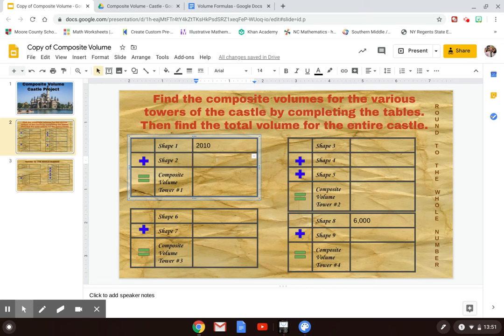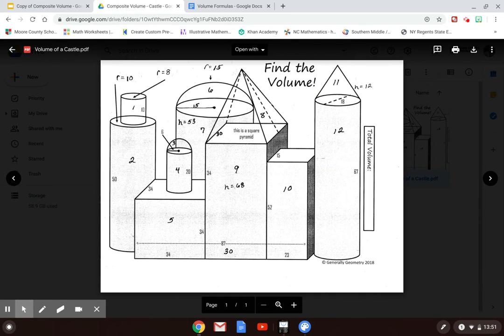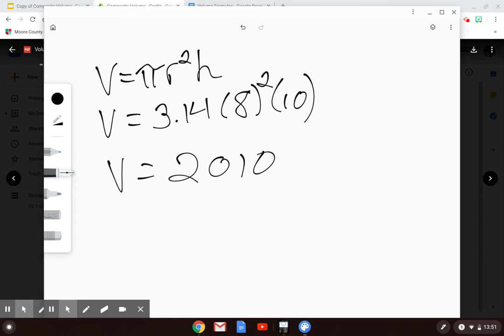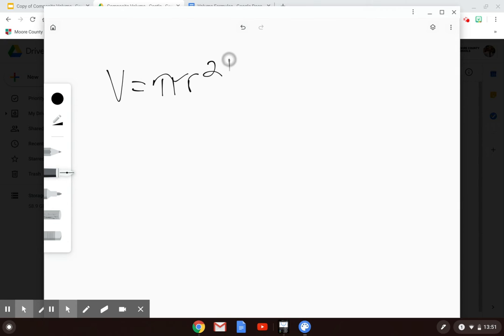Okay, now for shape number 2. Shape number 2 is a cylinder as well, and it has a radius of 10 and a height of 50. So what I'm going to do then is, again, volume equals pi r squared times the height. So 3.14. This time my radius was 10, so we'll say times 10 squared.